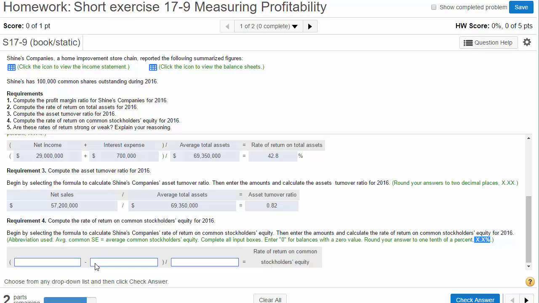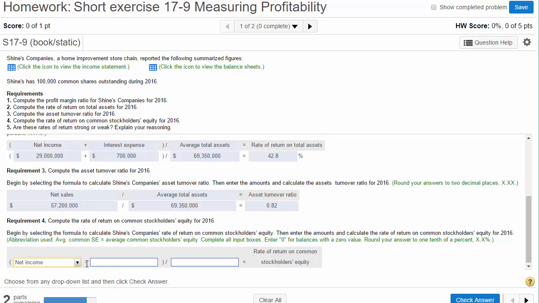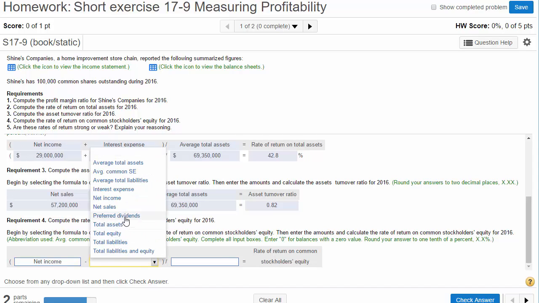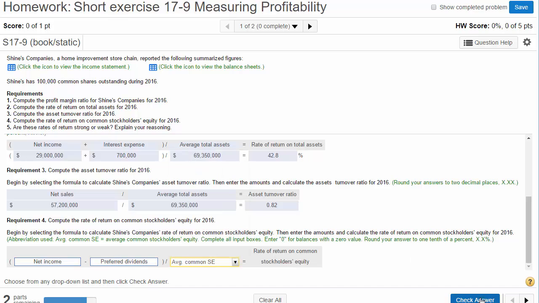So what do common stockholders get in return for owning the stock? They get, in theory, the net income. But what do they not get? We're going to have to subtract something, and that something is the preferred dividends. And then we divide by average common stockholders' equity.